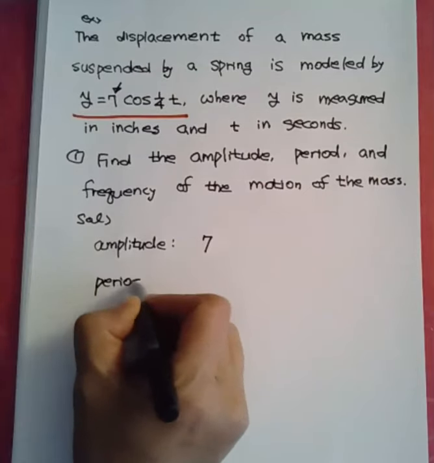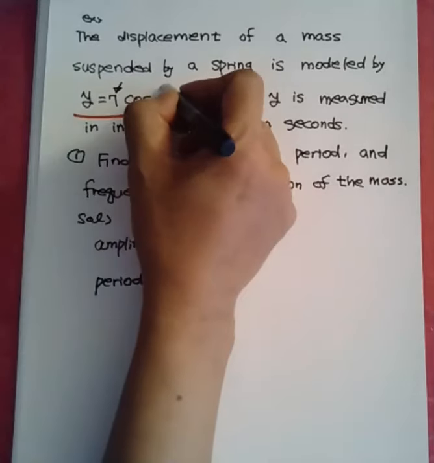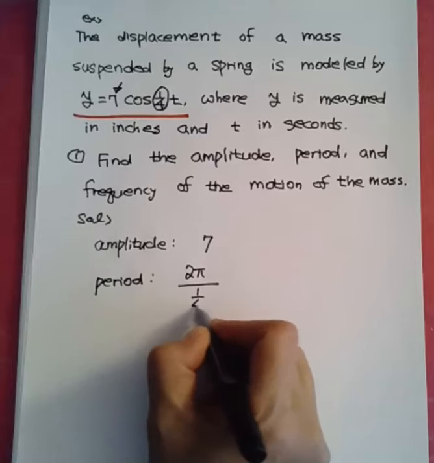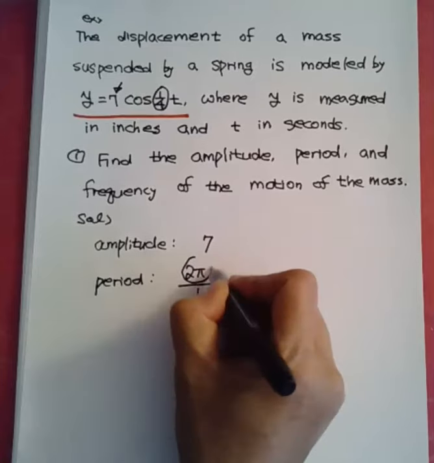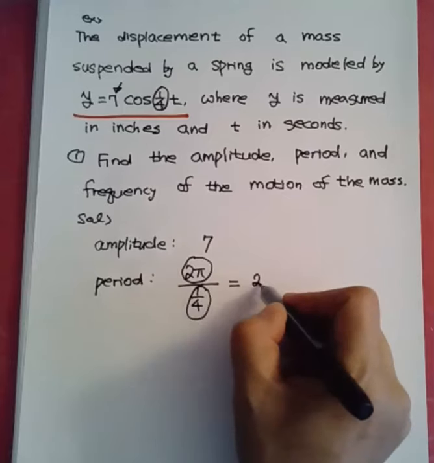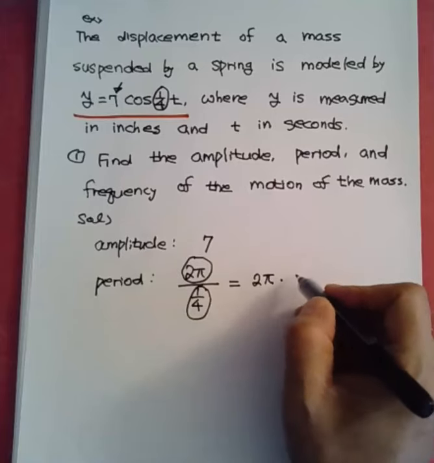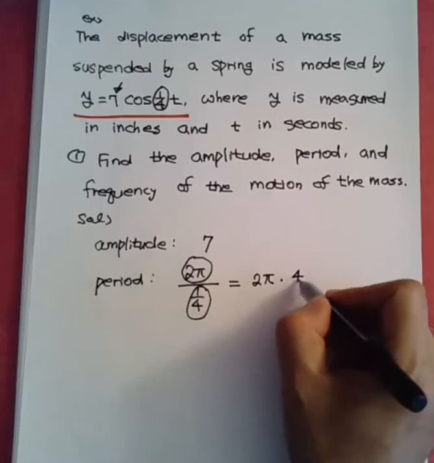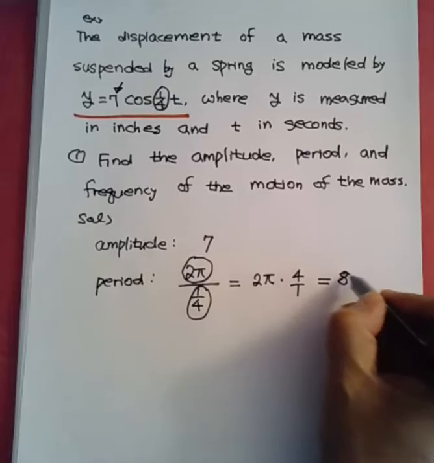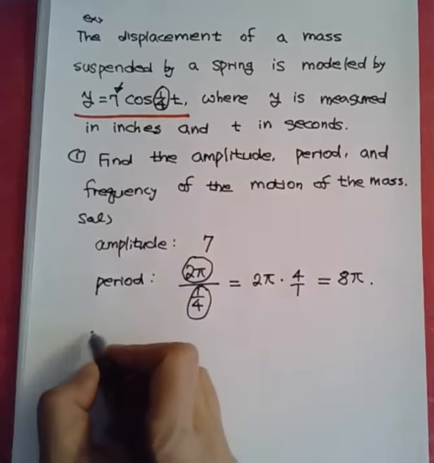Period is 2 pi divided by the number in front of the variable, which is 1/4. This is the numerator, this is the denominator, so we can re-express that as numerator times the reciprocal of the denominator, which is 4/1, which is 4. So when we multiply that, that is 8 pi. So we got period.